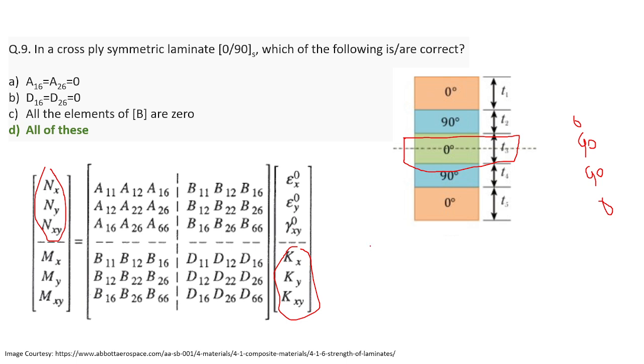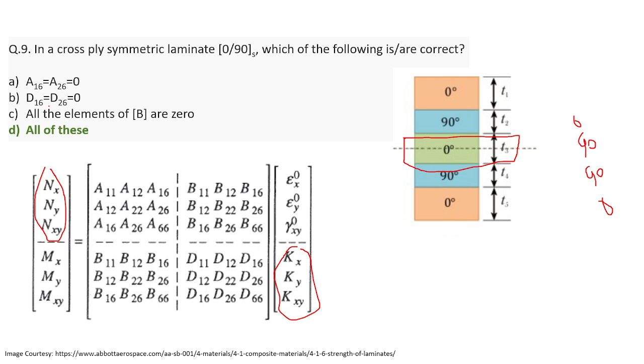So for a symmetric laminate, when there is a force in x direction, there won't be any shear strain in xy direction for the whole laminate. Therefore, A16 is 0. Similarly, when relating Ny to the shear strain, the coefficient is A26, which will again be 0 here. That's why they took A16 equal to A26 equal to 0.